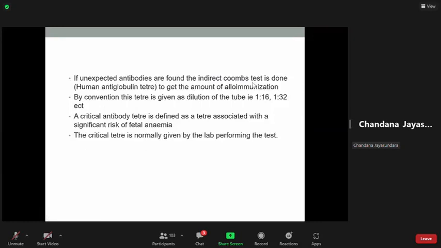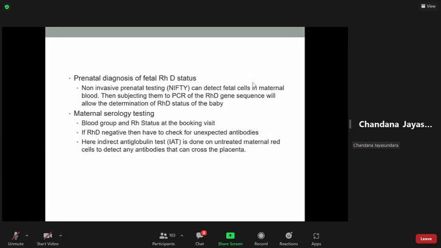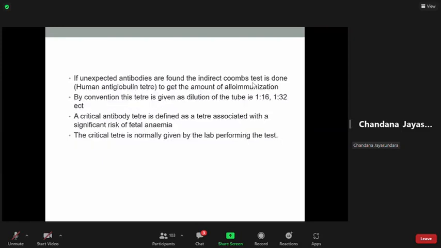Now then, now when we know that there can be sensitized events, we have to see whether the mother is having unexpected antibodies that can go and damage the baby, and what sort of damage there is. So for that, we do a test.